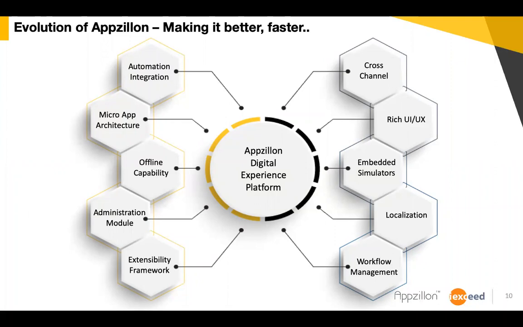Or let's say we have a set of about 70-80 plugins which come out of the box, and you want to create your own plugins, the native extensibility feature that we provide, the admin module, offline capability, all of this, including the micro app architecture and integration, is what we plan to cover subsequently once Yagna gets into the IDE and shows it to you. That is the next section.